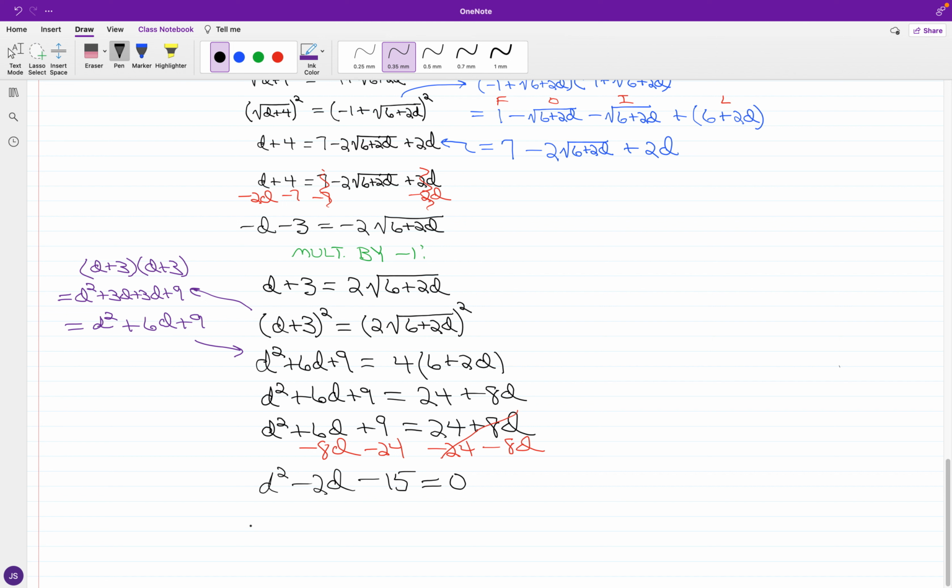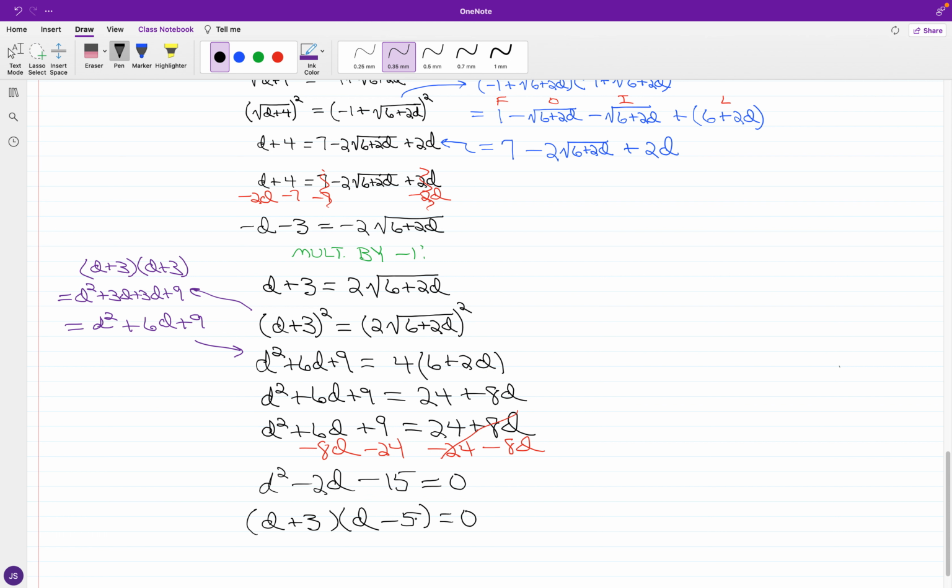And here we have d squared minus 2d minus 15. With factoring, we need factors of negative 15 whose sum or difference will be negative 2.